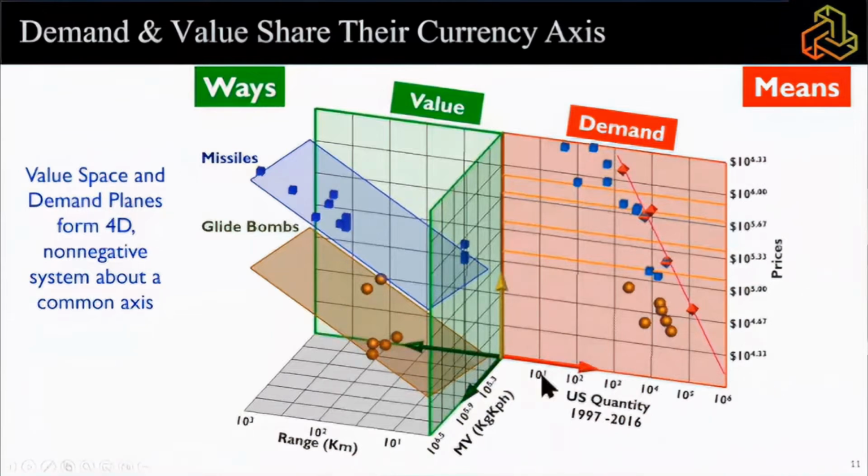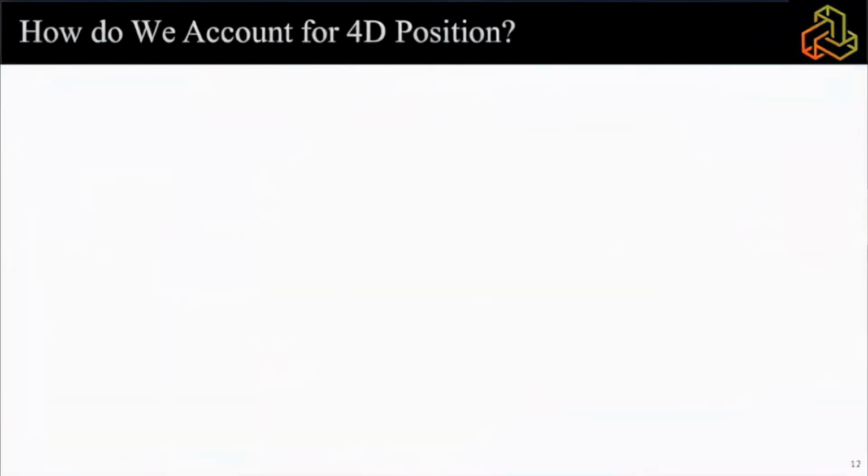Now, of course, this is in log space, but you can imagine there's a 0 point here, and you're going from 0 in this direction, which is range, which is positive, 0 in this direction down the momentum line, 0 in this direction going up through price, and 0 in this direction for quantity. So these produce ordered quads, these 4D systems.